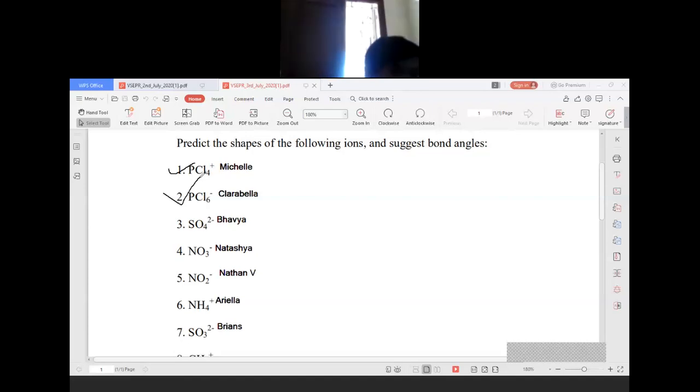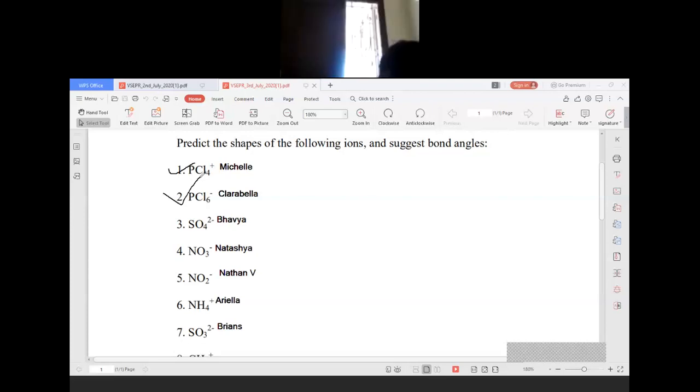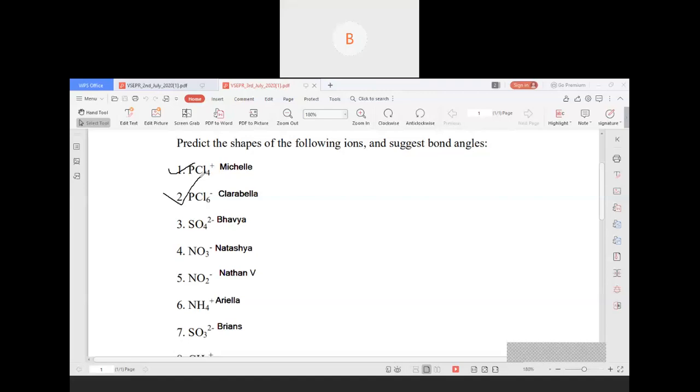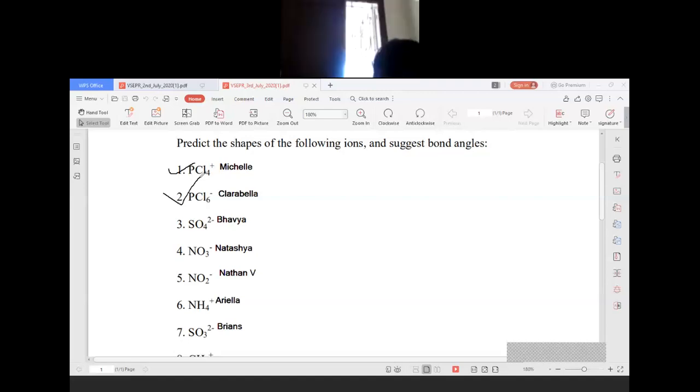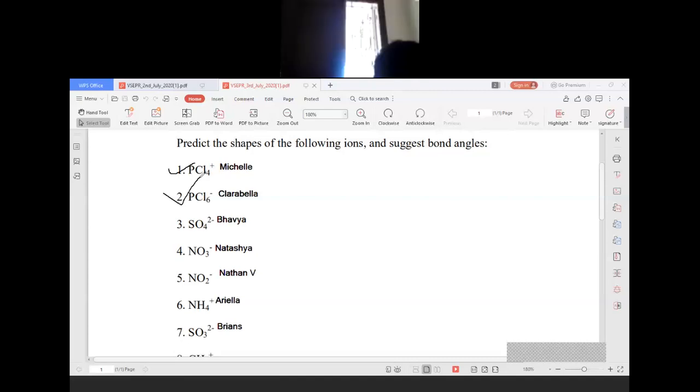Teacher, is the angle 109.5 for SO4? What is the shape? Tetrahedron. Tetrahedral or tetrahedron will be the same. Yes, correct.